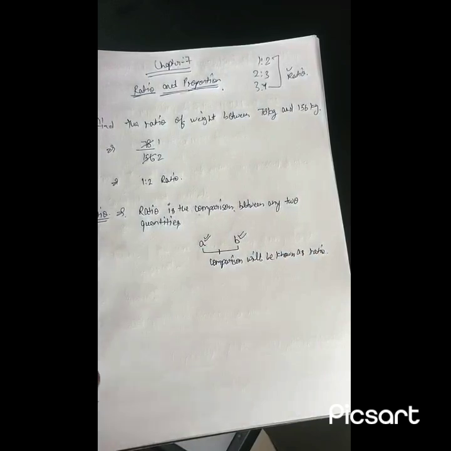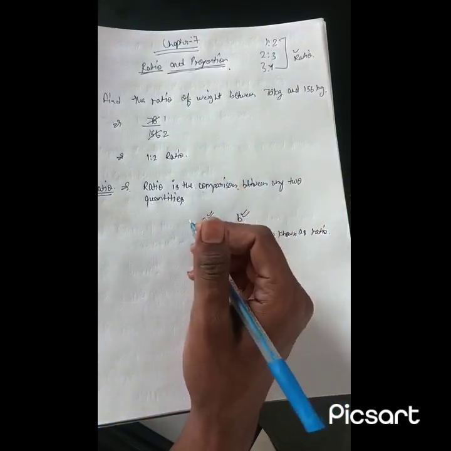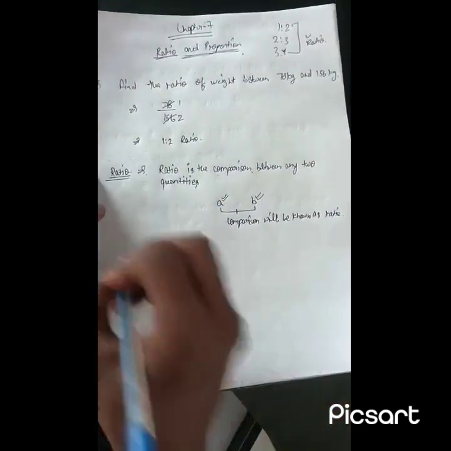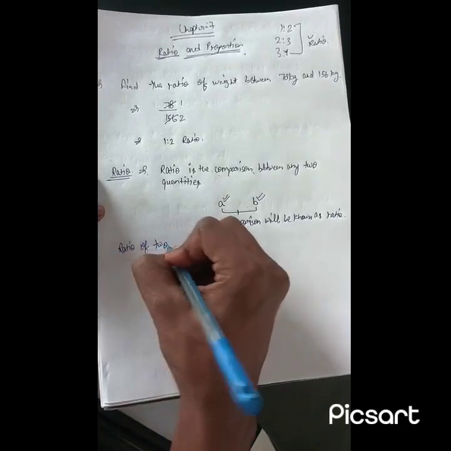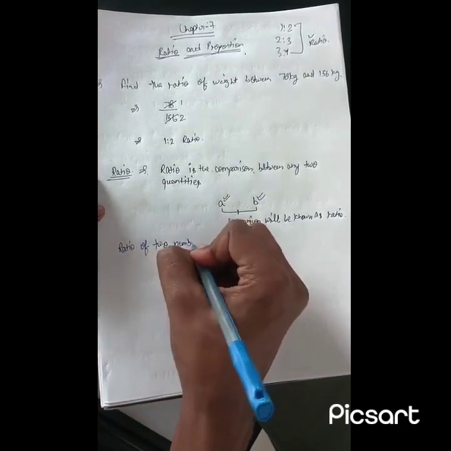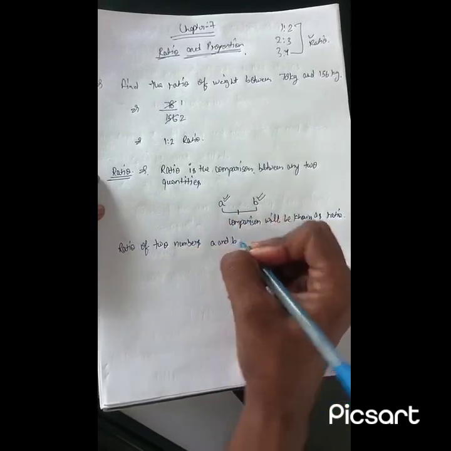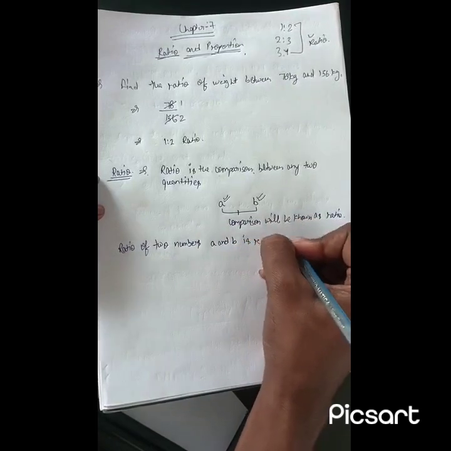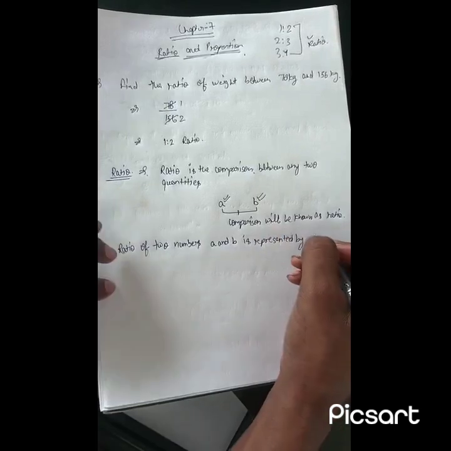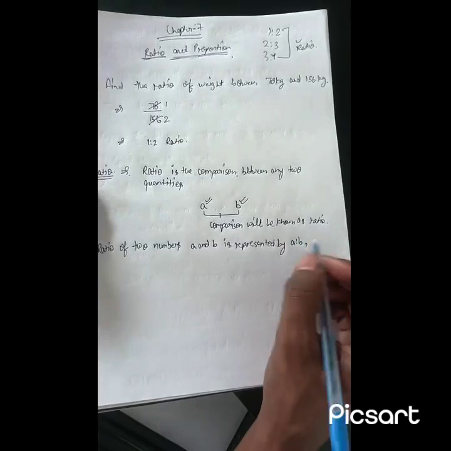now it is saying the simple definition. The ratio of two numbers A and B is represented by A is to B. This is comparison.